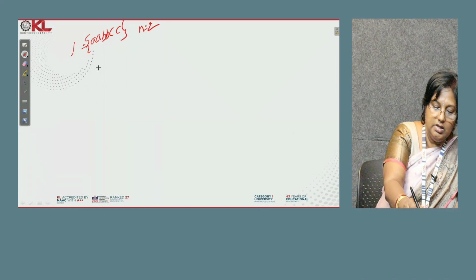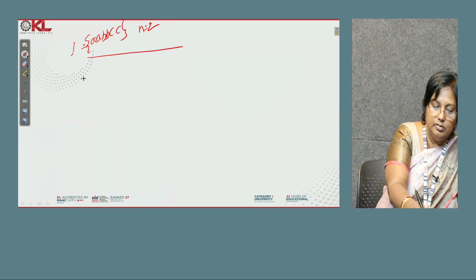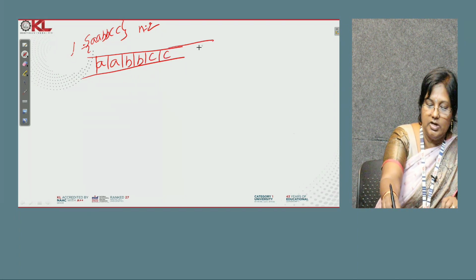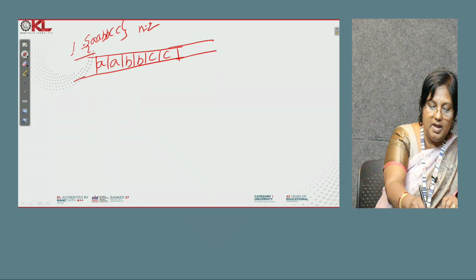Now I am using the input tape. The input tape holds AA BB and then CC. This is the input string which I have taken, and then fix the boundary. You can take any symbol as a boundary.